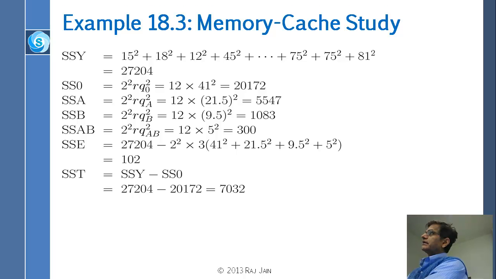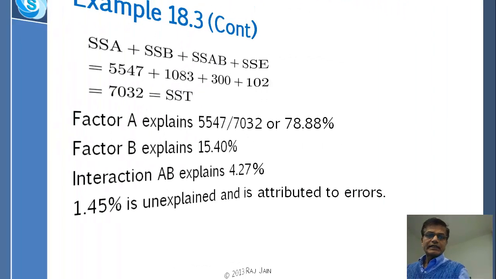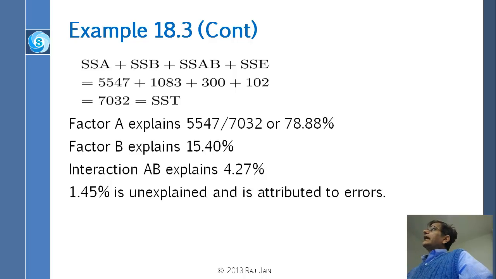Errors are the remaining of that. So errors is 102. So if you add up these 4 numbers, you will get 7,000. So you can put percentages on them. And you can say that the A explains 78.88%, B explains 15.4%, AB explains 4.27%, the errors explain 1.45%.